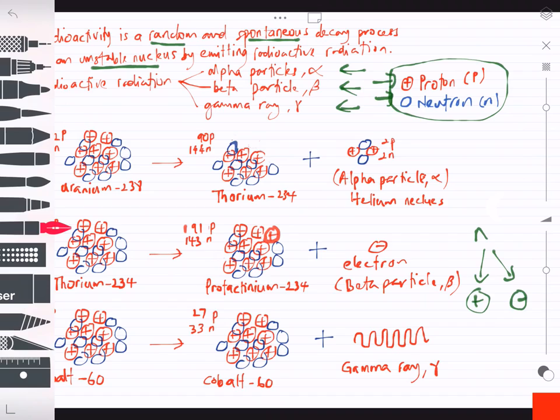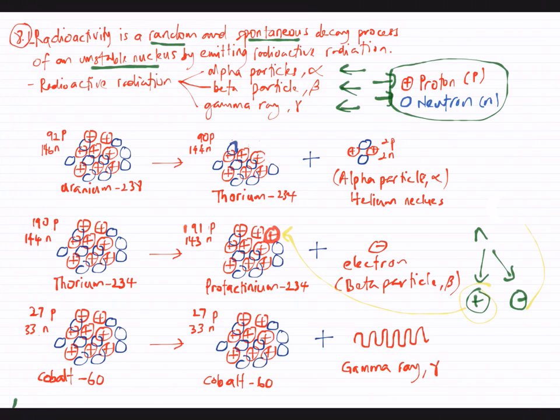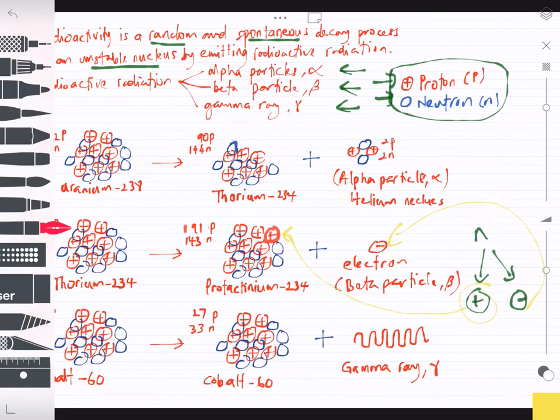The neutron here is the proton, and the electron is here. The electron is what we call a beta particle.